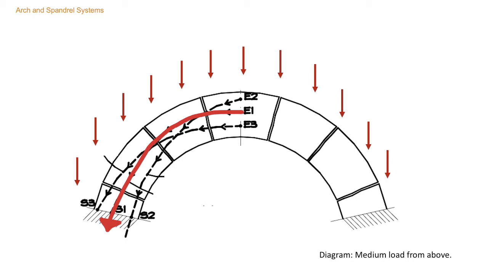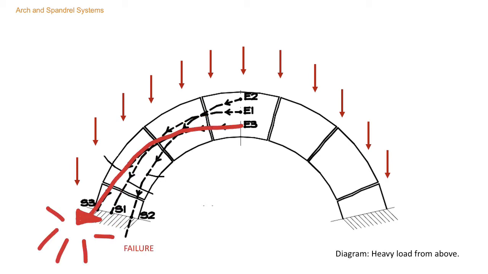When the load gets a little bit heavier, let's say it's a few carts with their horses and people and goods attached, we'll just say that's a medium load. If we did a stress diagram on the compression of this bridge, we would see that that arc of compression moves a little bit further out than that first E2 line. It's still within the boundaries of the arch, and the arch still stands.